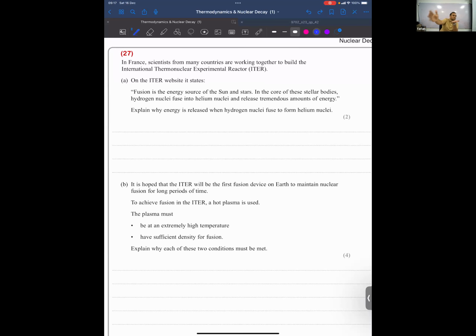So an equivalent amount of energy is produced according to the equation E equals mc squared, right?